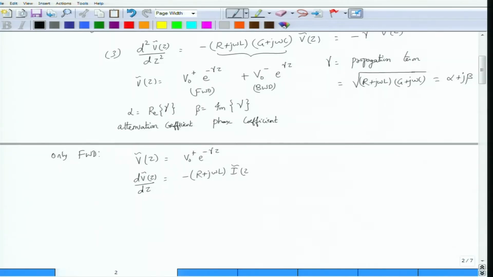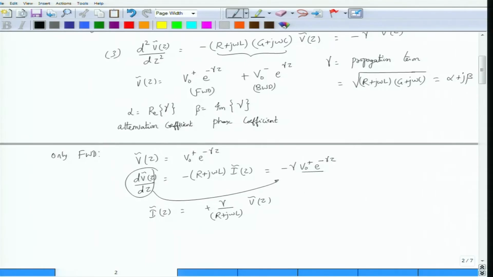So when you differentiate this V of z with respect to z, it will give you minus gamma V0 plus e power minus gamma z. Clearly what we have is I of z being given by gamma by (r plus j omega L) into the phasor V of z, because the minus on both sides will cancel, and this is nothing but the voltage phasor.